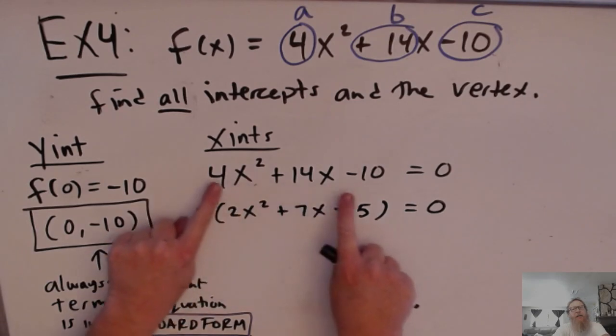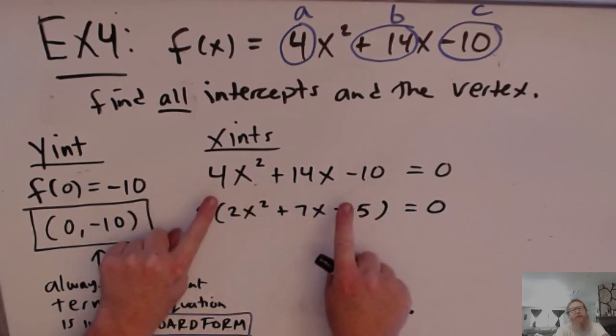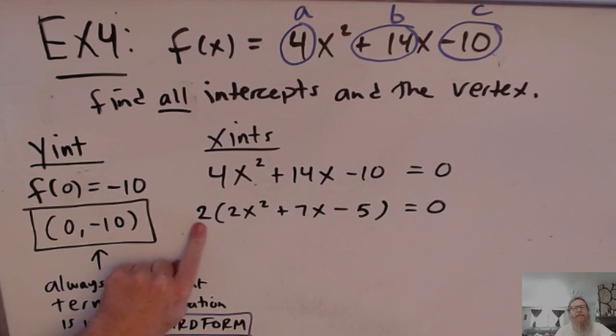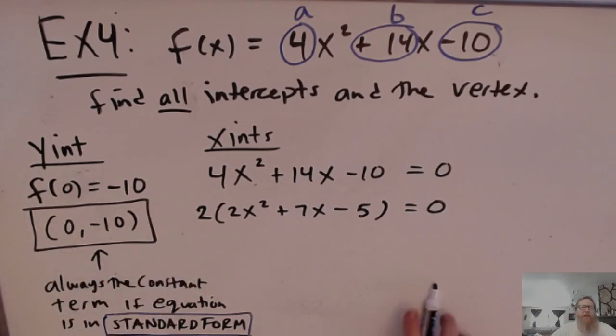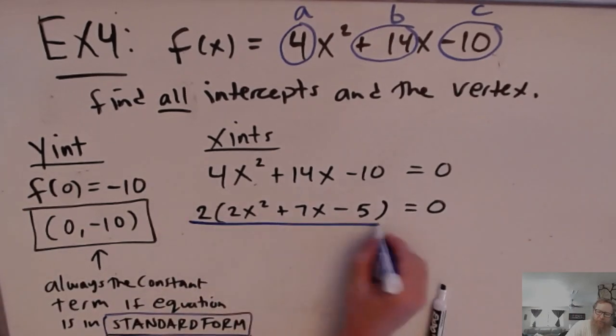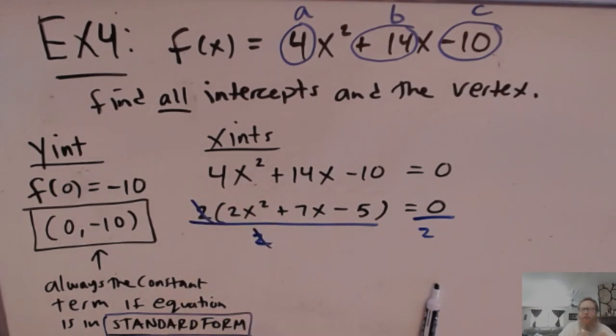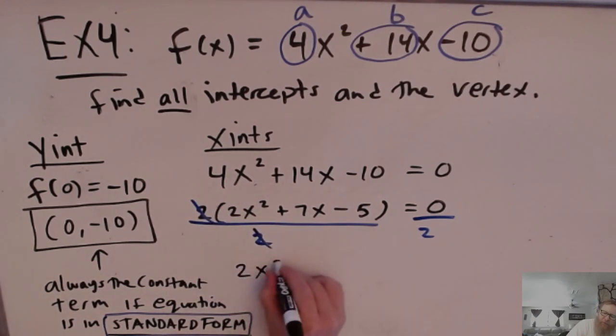Sometimes you get lucky and all of the terms are even, or all of the terms are divisible by 3, or all the terms are divisible by 5, or some number that they all have in common. In this example, it's 2. So I can divide both sides by 2. And now I have a much easier problem to solve.